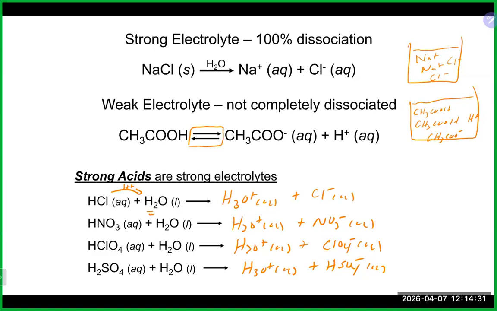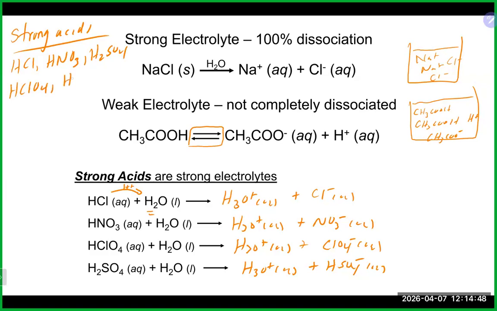In terms of strong acids, there's really 6 strong acids that you come across, and that is hydrochloric acid, nitric acid, sulfuric acid, perchloric acid, hydrobromic acid, and hydroiodic acid. That is your big 6 of strong acids.